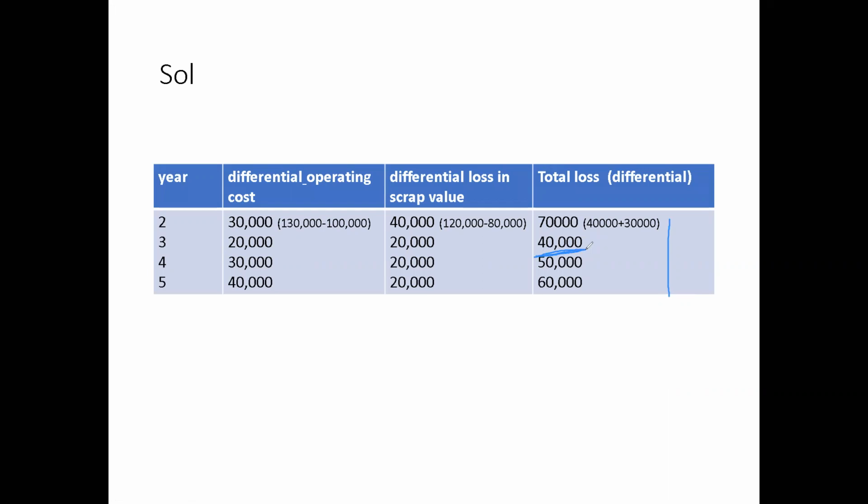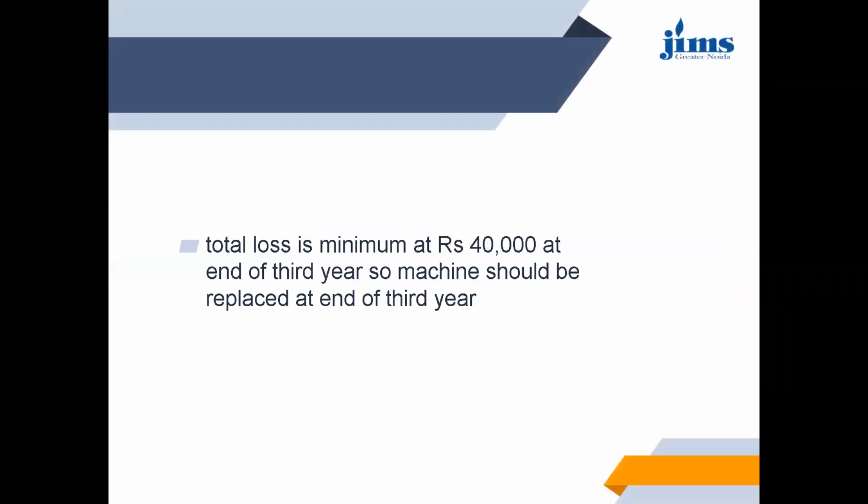So here the least cost is 40,000. That is end of third year. So we will replace the machine at the end of third year. So it would be advantageous for the firm to replace the particular machine at the end of third year. So this is how we take the equipment replacement decision.